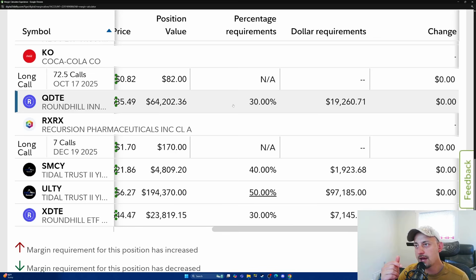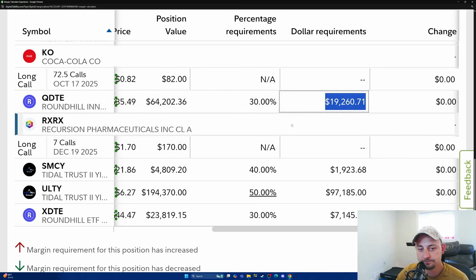Think of it as when you're buying a house, your minimum deposit would have to be 30%. Now, if the value of that drops and I'm in, let's say, 25%, then I'm at risk of a margin call. So I hold a $64,000 position in QDT. I need to have at least $19,000 of my own money in it.